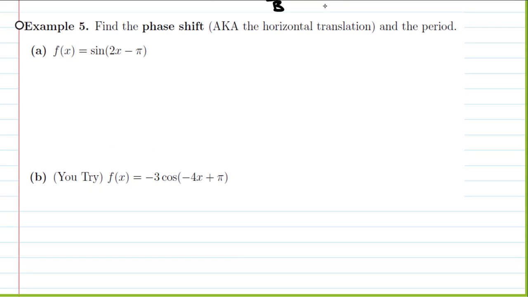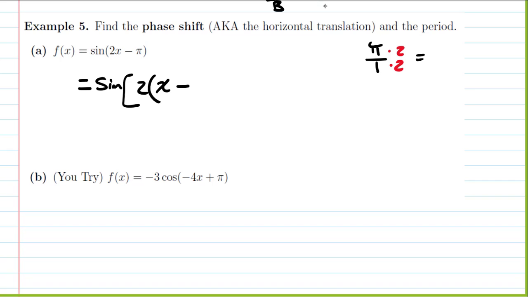So find the phase shift, also known as the horizontal translation, and the period. The first thing we need to do is rewrite this as the sine of 2 times x minus, and I'm going to come over here. We have pi. We can make it a fraction over 1. We want to factor a 2 out of it, but it doesn't have one, so we multiply the top and the bottom by 2 to create an equivalent fraction. Then if I factor the 2 out of the numerator, I get a minus pi over 2.